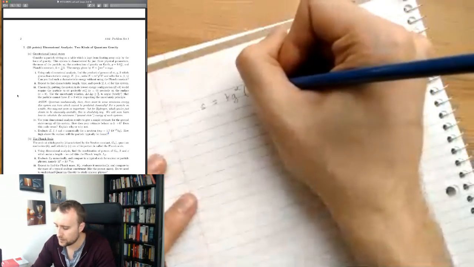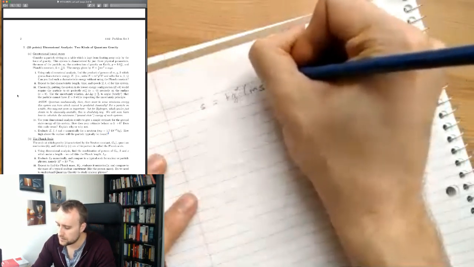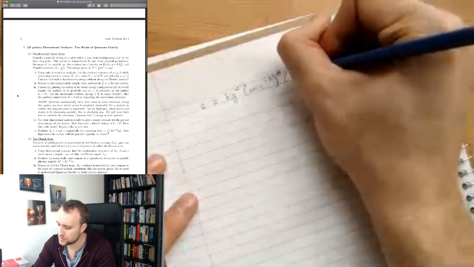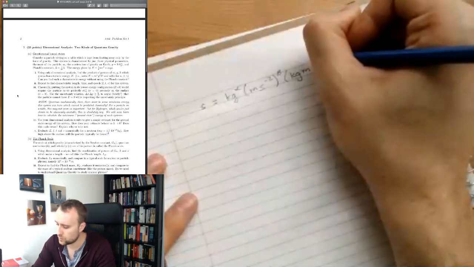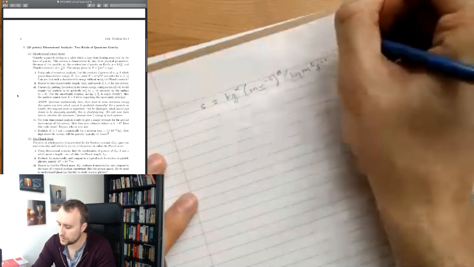So again, we have time, which is in unit seconds. It's going to be equal to, again, we've got kg to the power alpha. And then our gravitational constant is meters second squared beta. And then we have kg meters squared second minus 1.